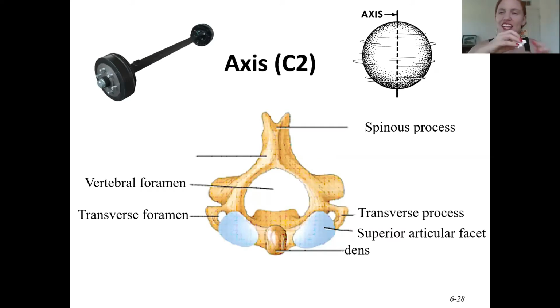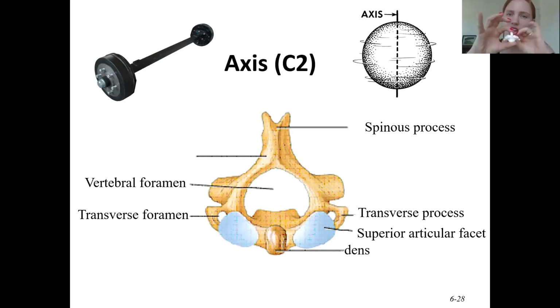Underneath that, the second cervical vertebrae also has a special name because it also has a special structure that none of the other vertebrae have. And that's this part right here. This bone is called the axis. So the second cervical vertebrae is called the axis.